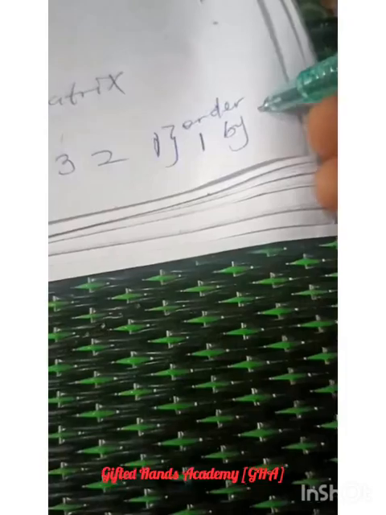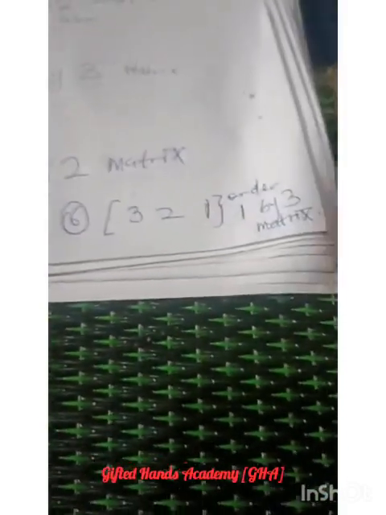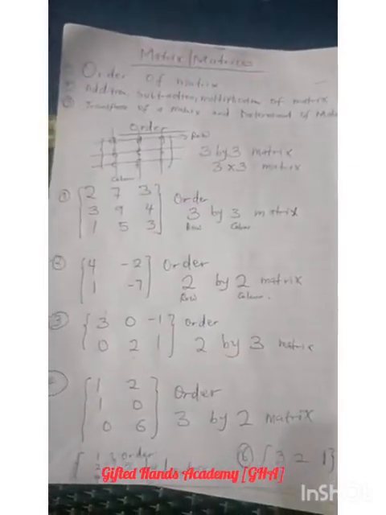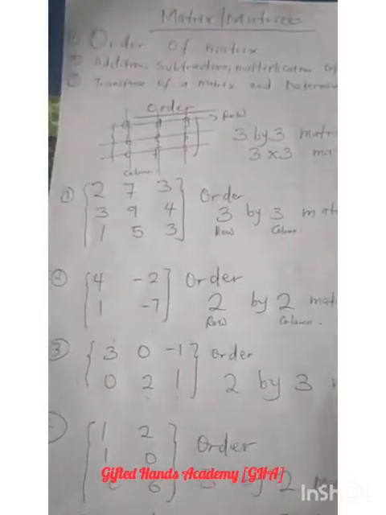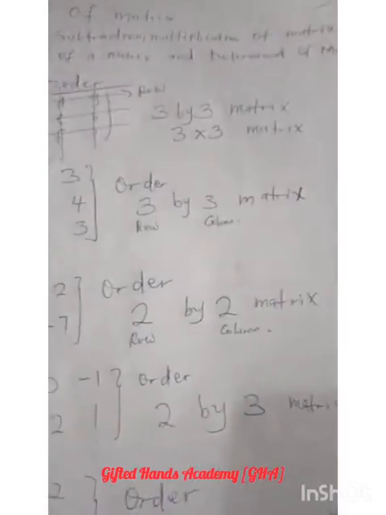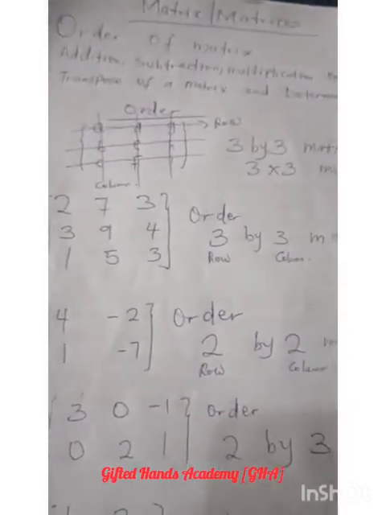So this is a 1 by 3 matrix. So that is that for the order of a matrix. Let's do well to go over the video again and again and practice. So we'll go to addition, subtraction, multiplication of matrices right away.